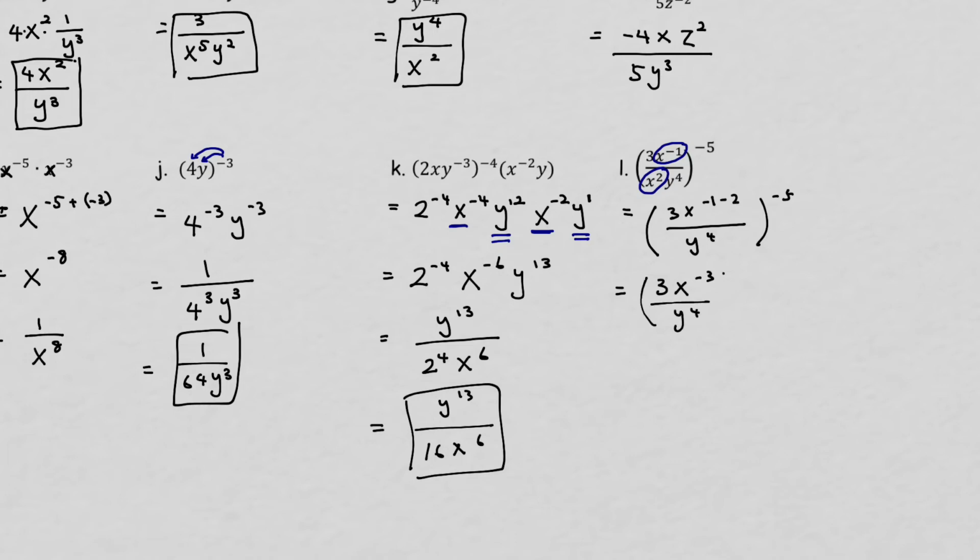And when you distribute that negative, you get 3 to the negative 5, x to the positive 15, and y to the negative 20. And let's get rid of all the negatives by flipping the locations.